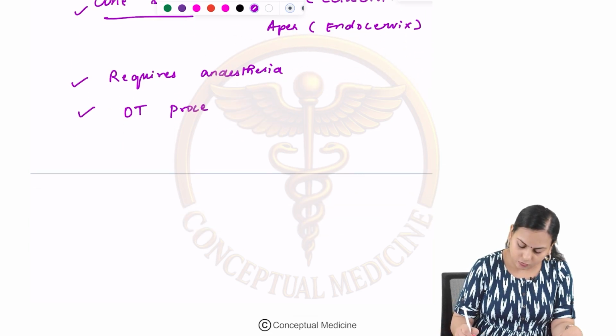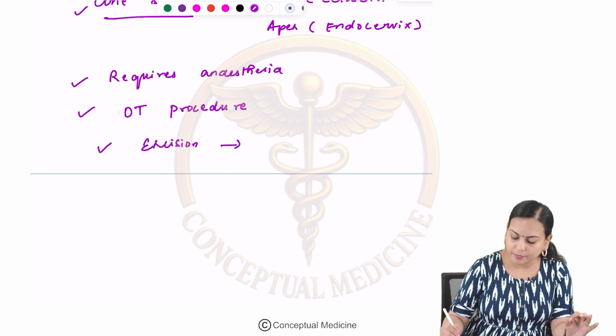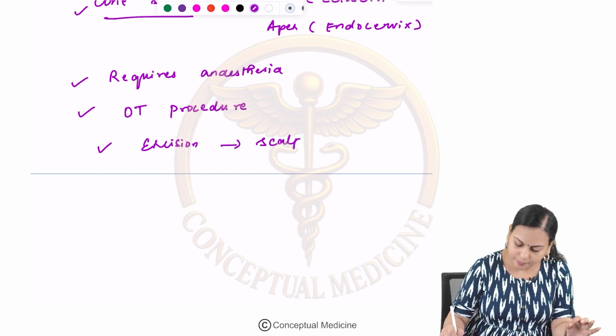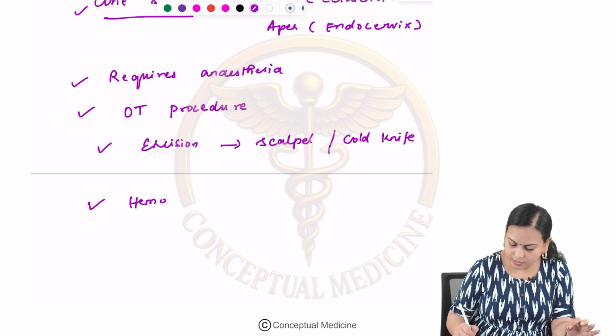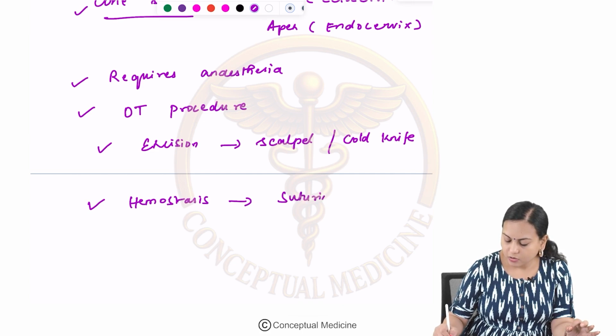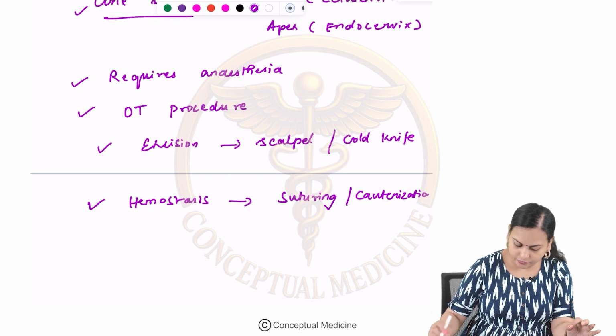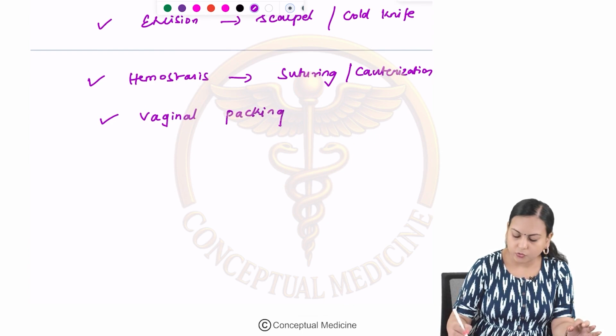You need an OT to do this procedure, and the excision of the sample in the shape of a cone will be done using a scalpel or a cold knife. To secure hemostasis, there can be a need for suturing or even cauterization as well. After this you have to do vaginal packing also.